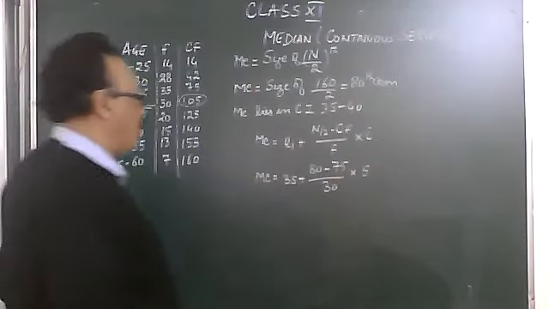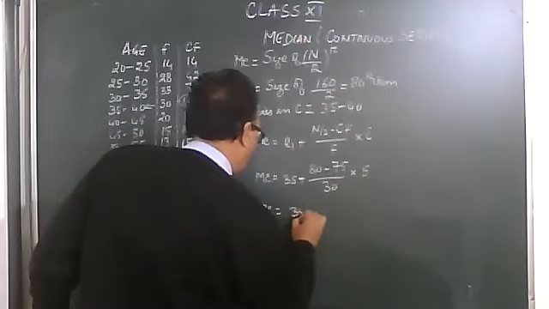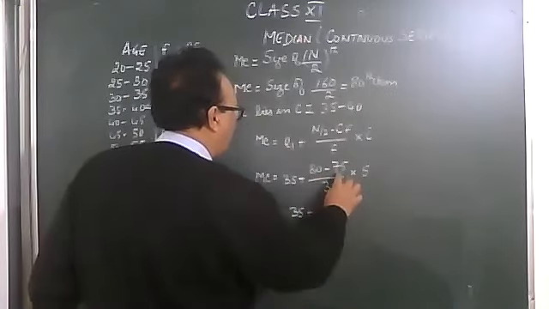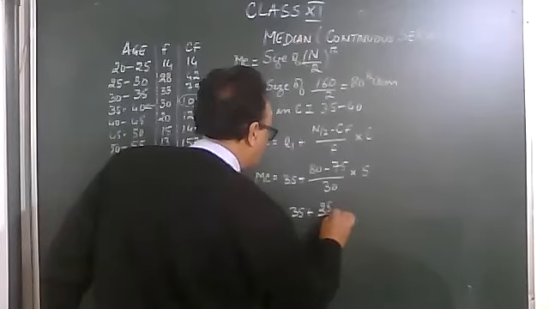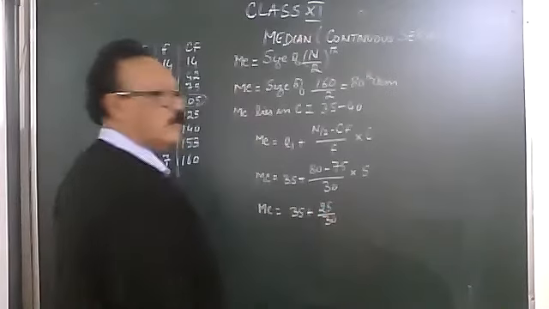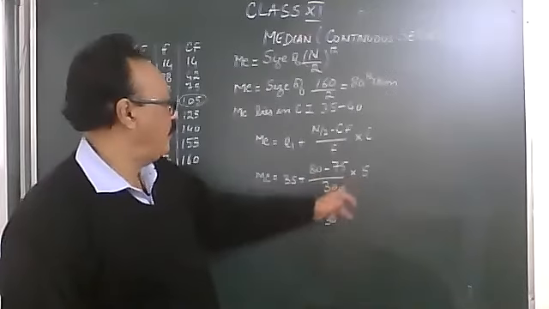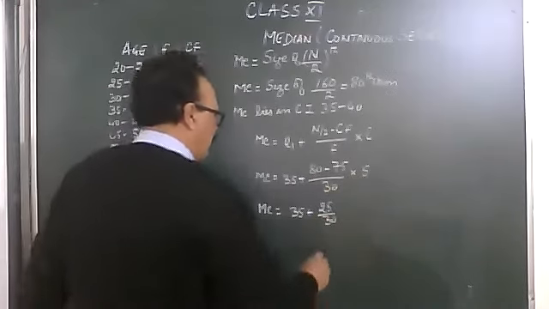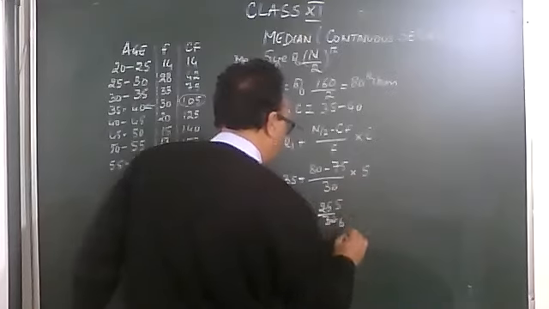Now, median is equal to 35 plus 80 minus 75, 5 into 5, 25 upon 30. Isn't it? 80 minus 75, 5 into 5, 25 upon 30. Now, 5 fives are 25, 5 sixes are 30.